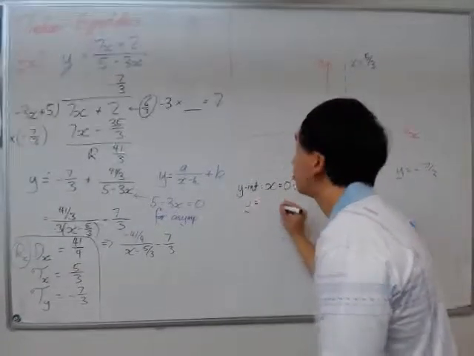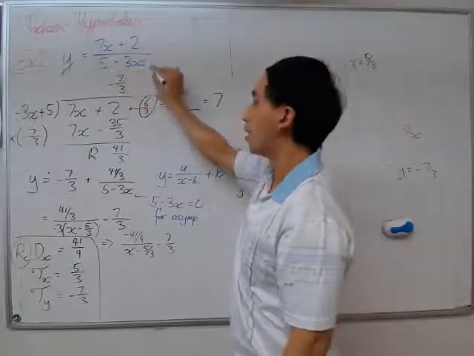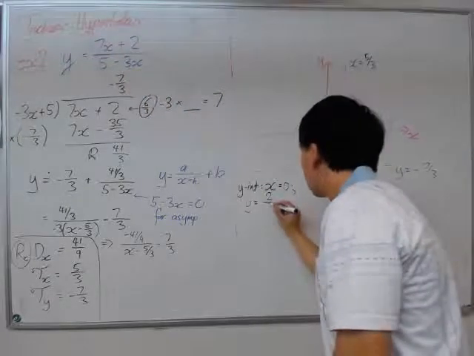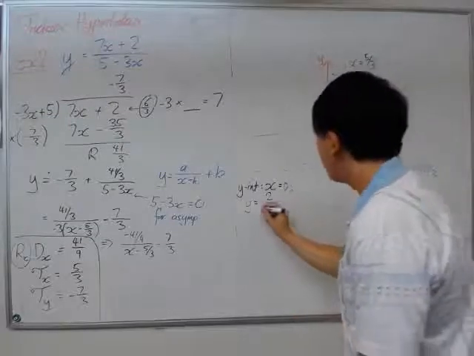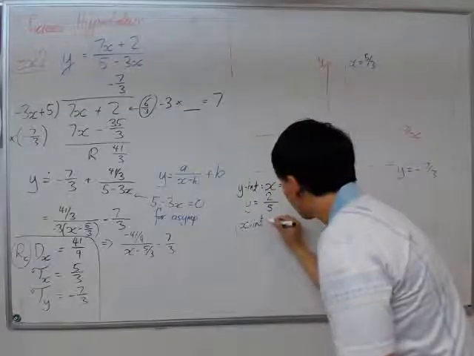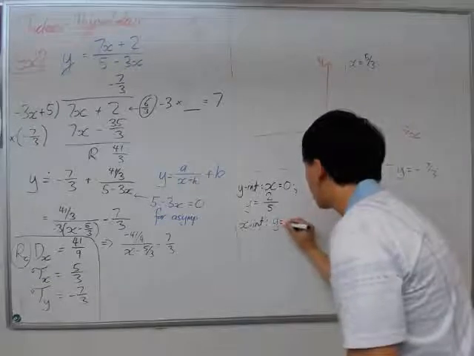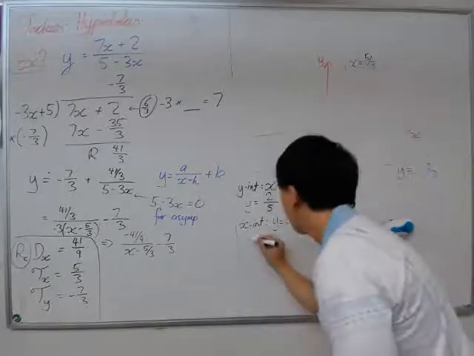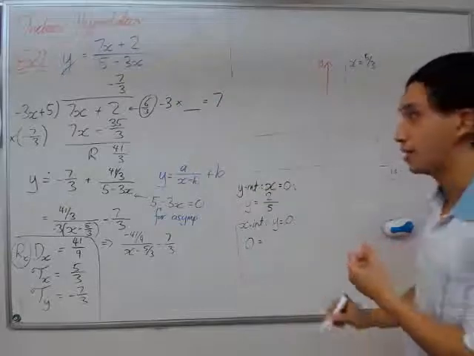y would equal 0 plus 2, over 5 minus 0. So 2 on 5. And we also have our x-intercepts. So this is when y is equal to 0. Okay. So the left-hand side is now 0, and we need to solve for what x is.